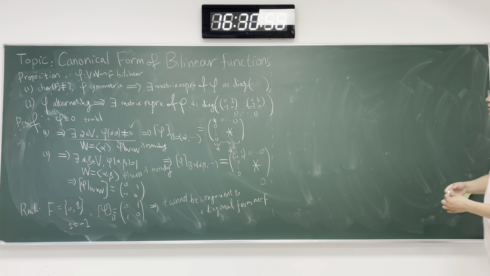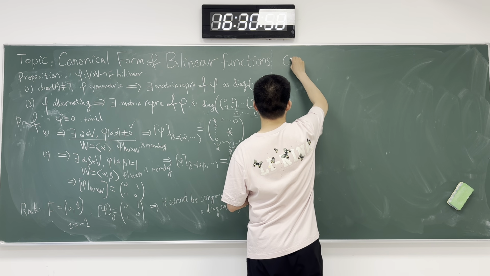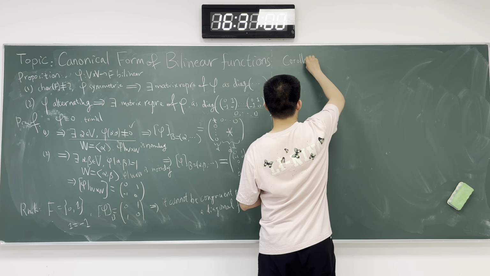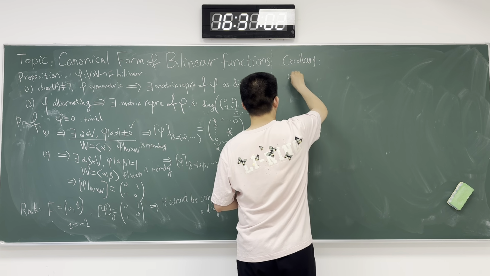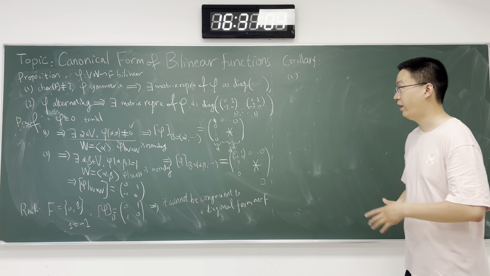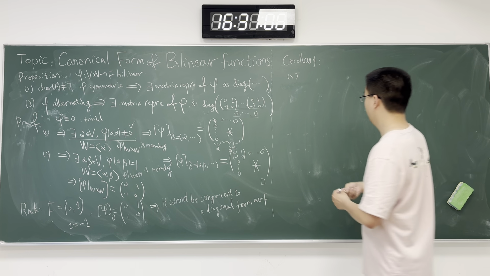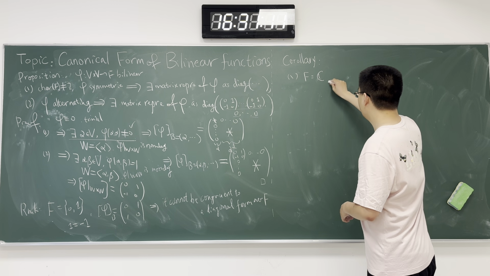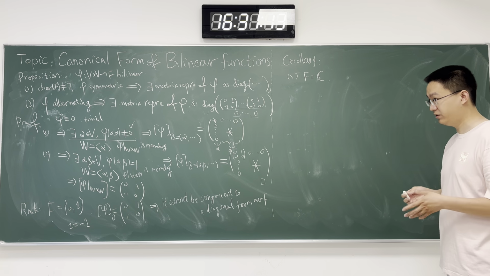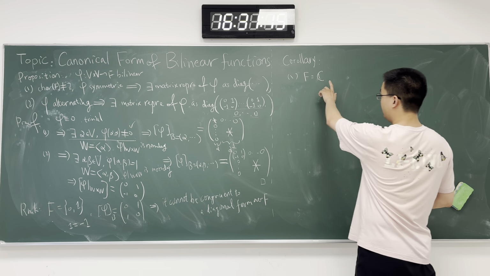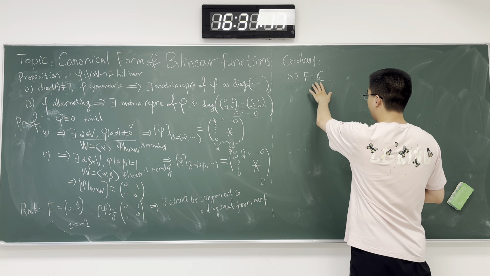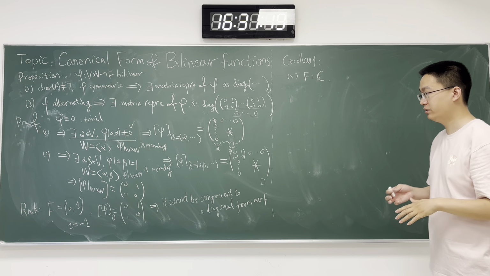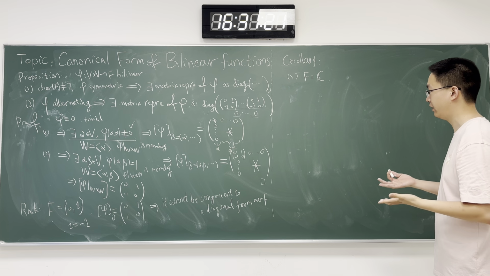But over some special fields, this situation can be solved. I will write this observation as corollaries. So, if we are lucky enough, our F is algebraically closed. For example, if we take F to be the field of complex numbers, then every element in C can be written as a square of another element.